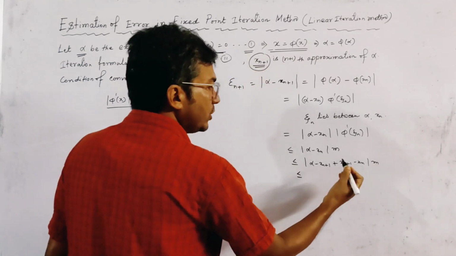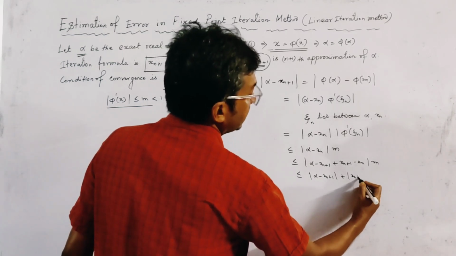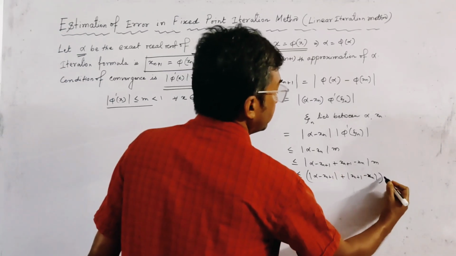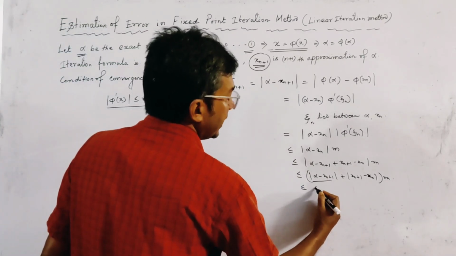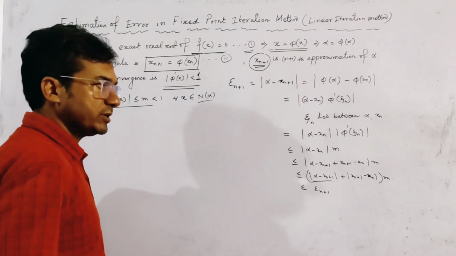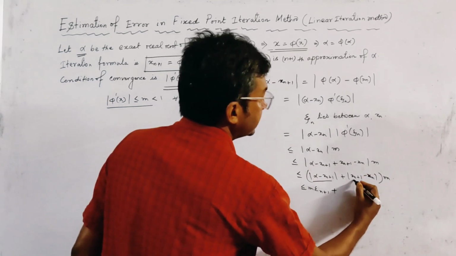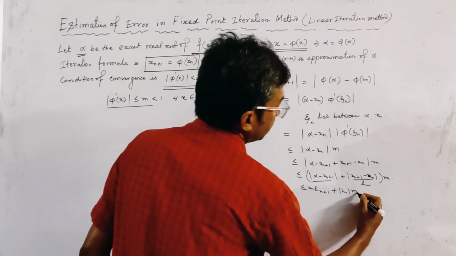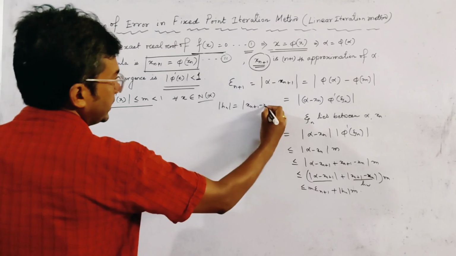By the property of modulus, we get |alpha minus x(n+1)| plus |x(n+1) minus x(n)|, multiplied by m. This first term is nothing but epsilon(n+1), because epsilon(n+1) = |alpha minus x(n+1)|. Let the second value be h(n), so this is |h(n)| into m, where |h(n)| = |x(n+1) minus x(n)|.